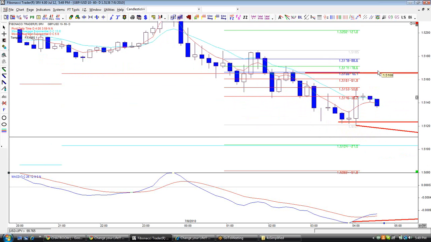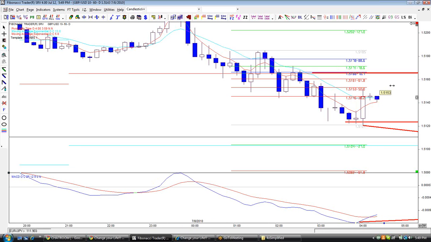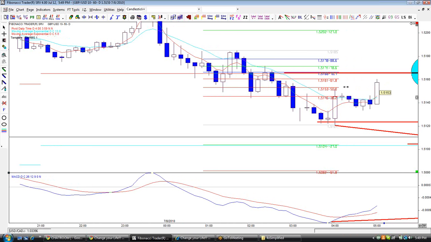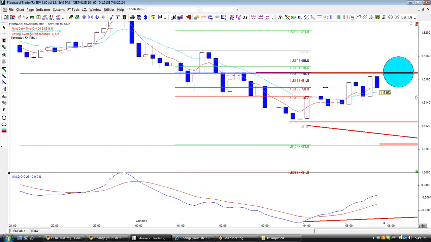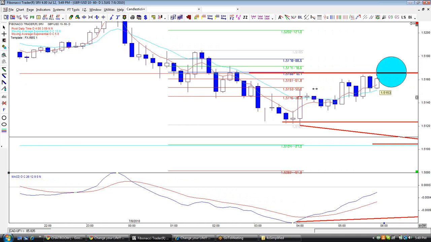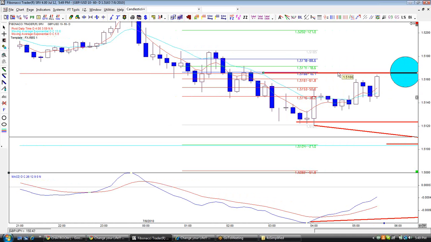When I find a convergence, it doesn't matter if price is here, here, or here. It won't change my entry. I will still have my entry here, my stop here, my first limit, and my second limit.